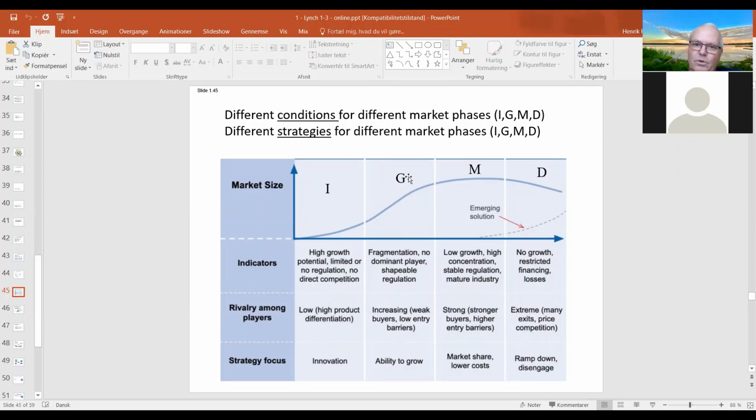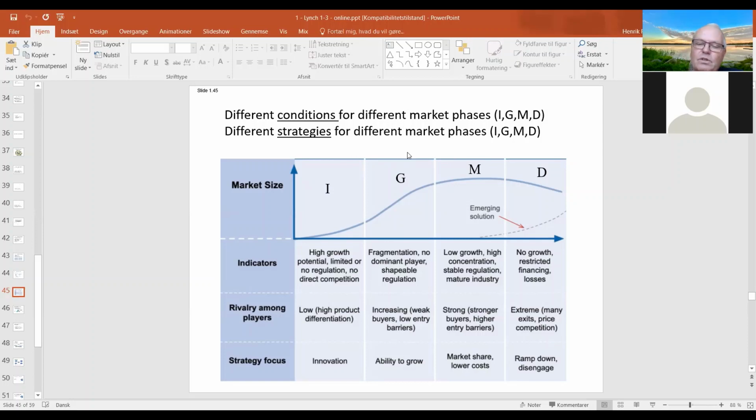And therefore it's important to understand that even though you start a new company, the new company does not find themselves in the introduction. They find themselves in maybe introduction, but more likely in the growth or the maturity phase.